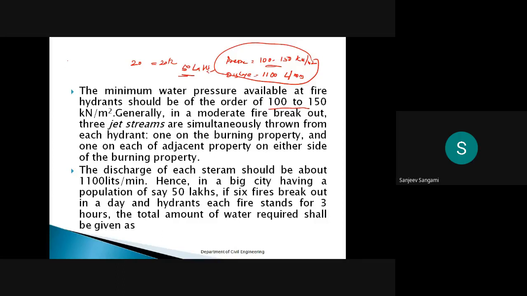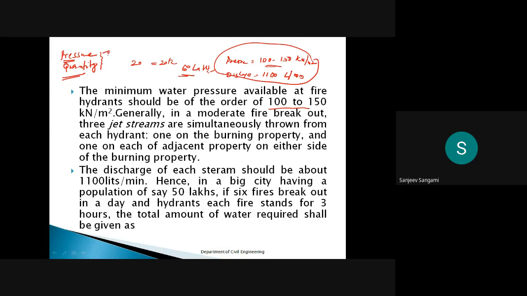And with that pressure, sufficient quantity is also required. So one is pressure and one more is quantity. Pressure and quantity both are very important.